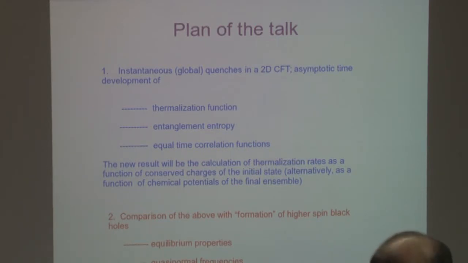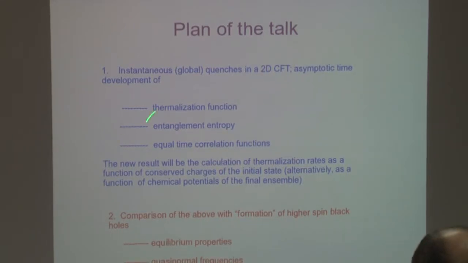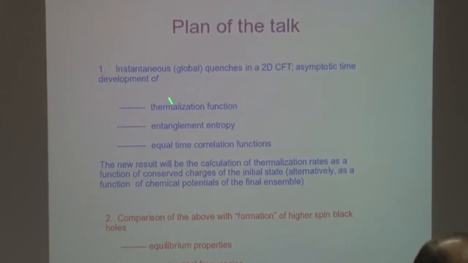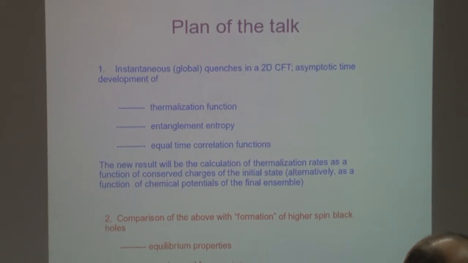But if you have conserved charges, including an infinite number of conserved charges, then the story is new. We have also derived some of the thermalization properties in some detail even with just the one conserved charge, but this part will be new.